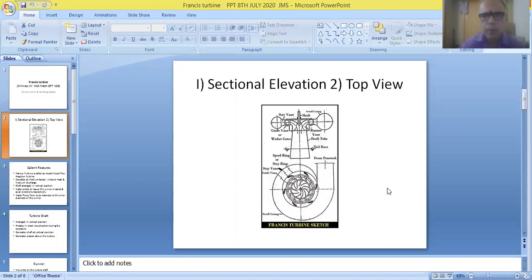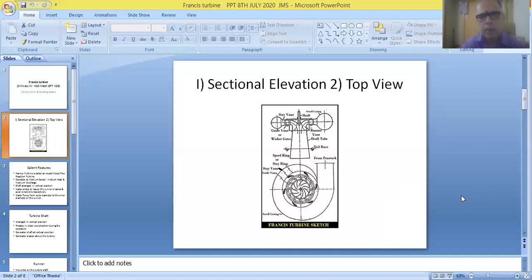Therefore, it is called an inward flow turbine. And secondly, water will be entering the runner in radial direction and leaving the runner in axial direction. Therefore, it is called a mixed flow turbine.